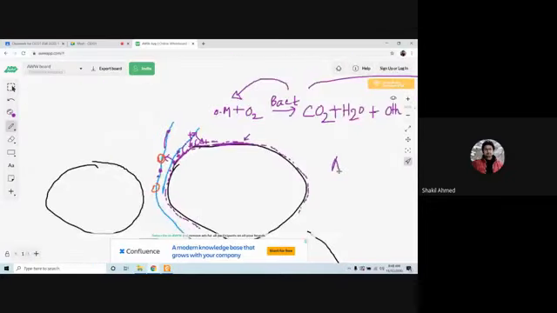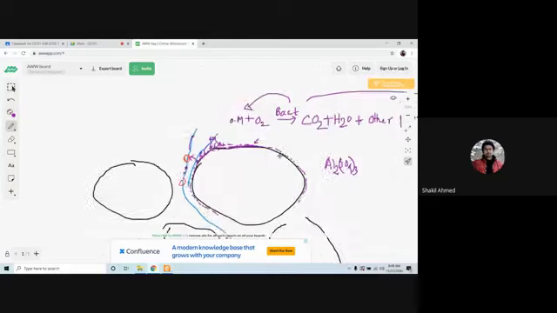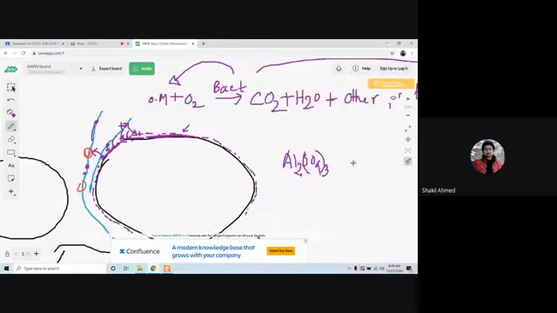When you add aluminum sulfate in water, usually you'll find it with attached molecules of water.